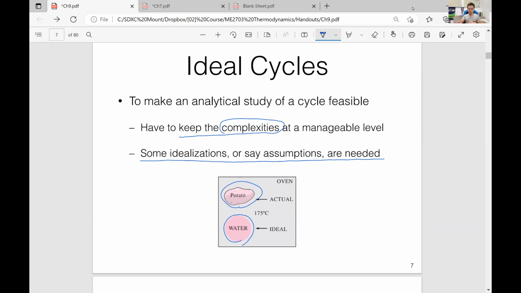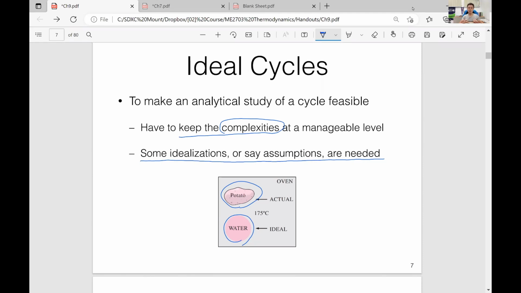Just like these two cases. We know a potato is made of a lot of integrated components, nutrition, things like this. So a real potato is not very homogeneous.